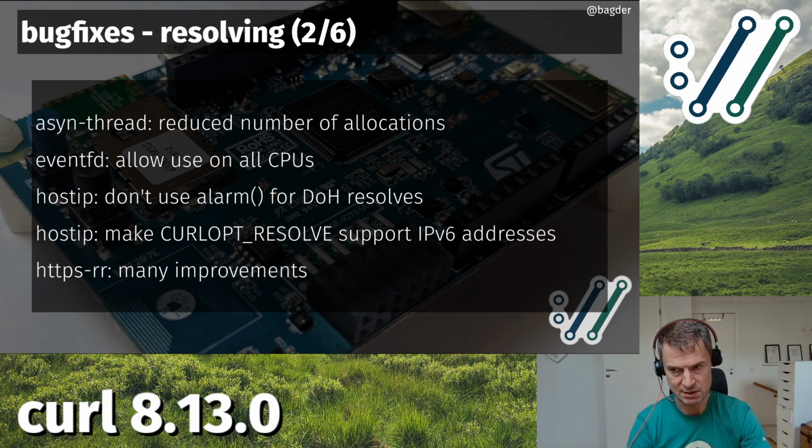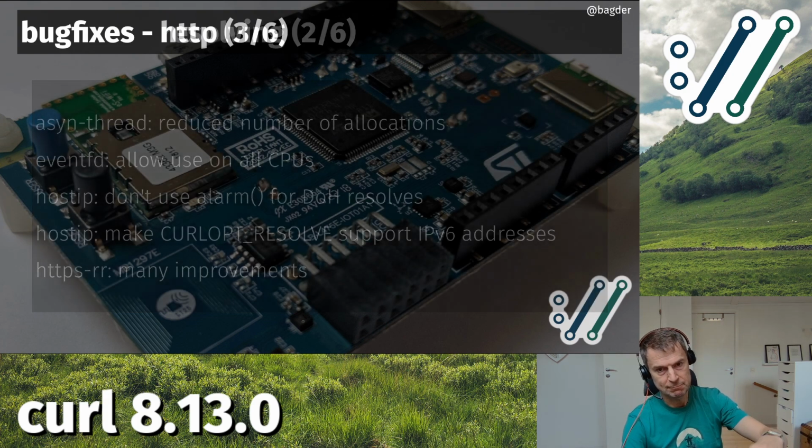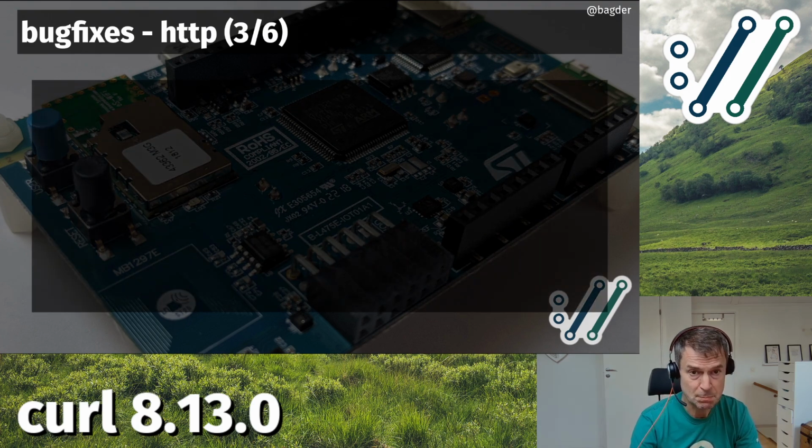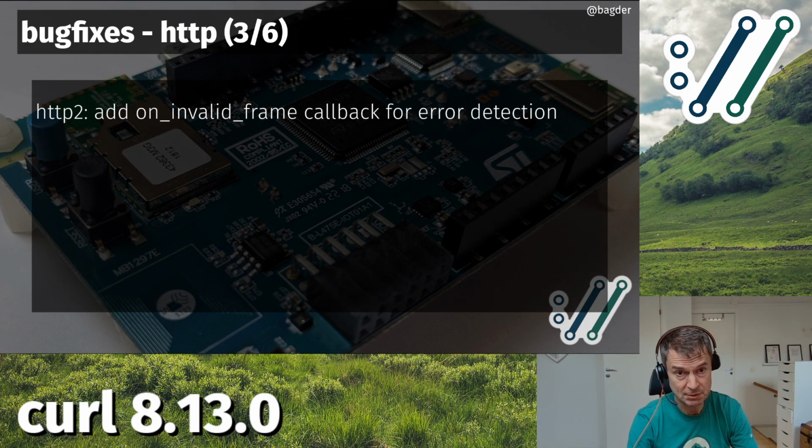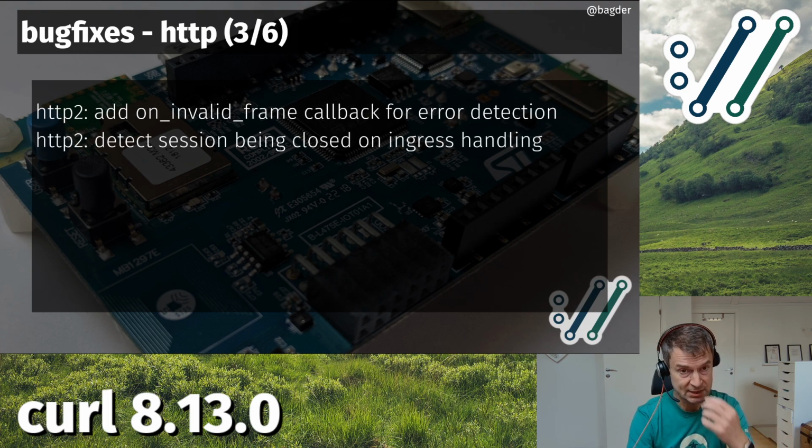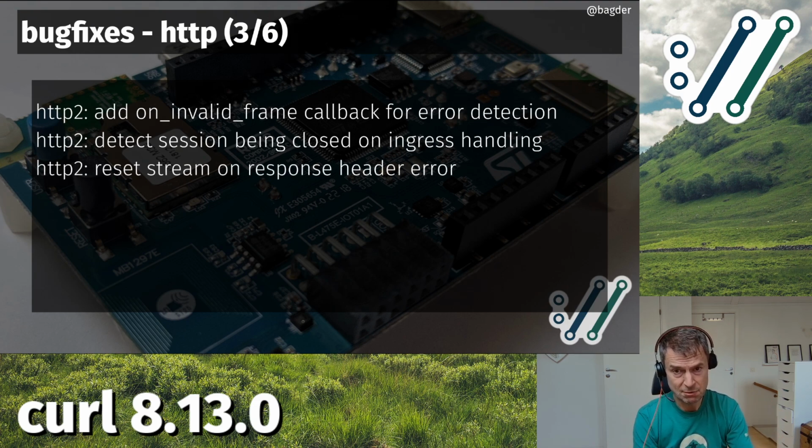And yeah, in the HTTP department, we actually fixed some error handling in HTTP2. We had several of these minor things where we had problems on HTTP2 in different layers and streams and everything, and we didn't properly handle it.